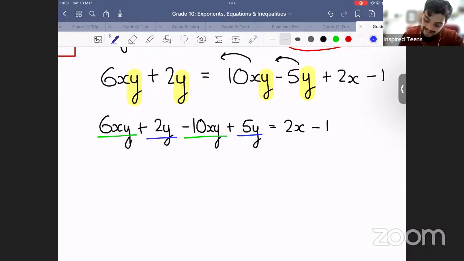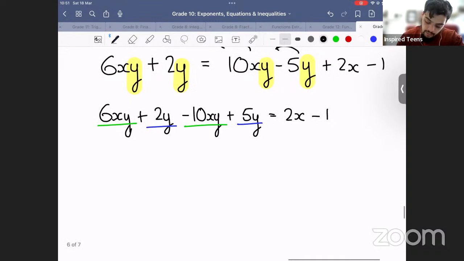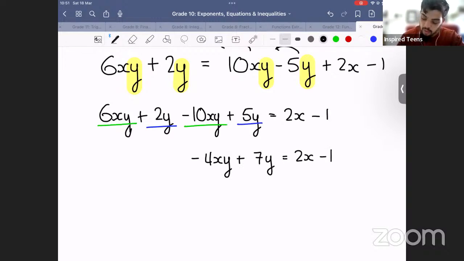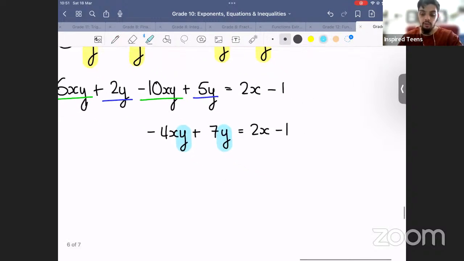So let us do the simplification. It becomes negative 4xy plus 7y is equal to 2x minus 1. Again, keeping our y's on one side. Now we can finally do what we've been setting up to do the whole time.